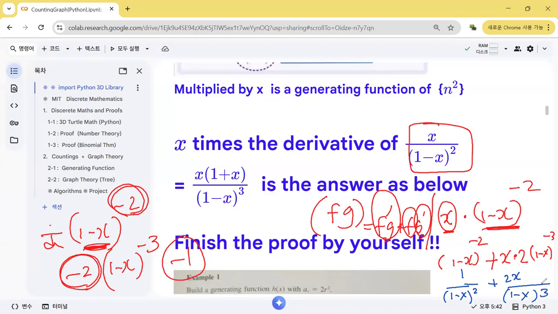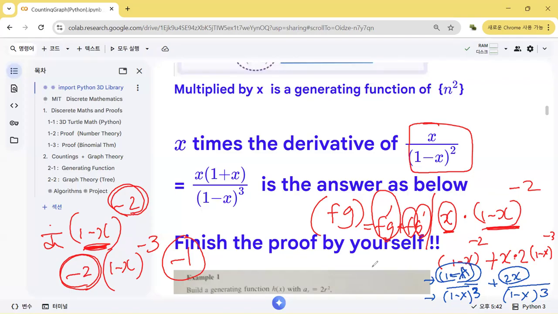Then to make the common denominator 1 minus x cubed, the numerator is 1 minus x. Then the sum of those two is: there is minus x there, and this 2x, so that is 1 plus x.